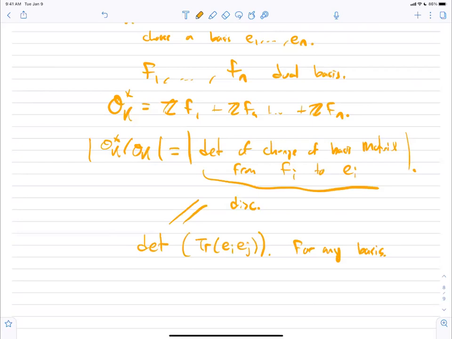In the exercises, we'll develop a lot more about this. It's a good exercise to see why this is the change of basis matrix. It's very similar to the computation we just did above.